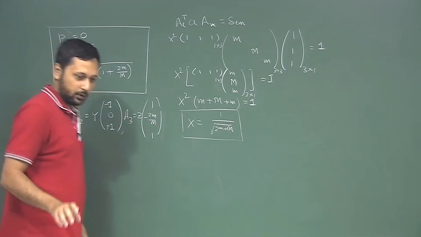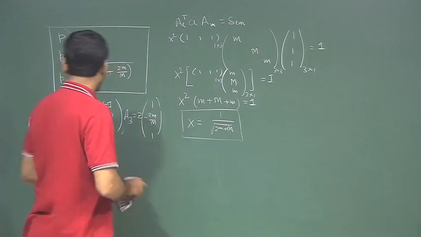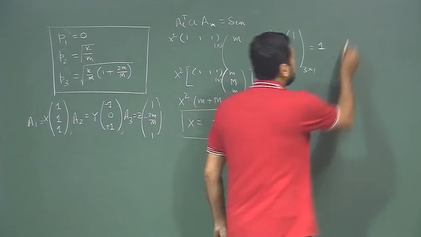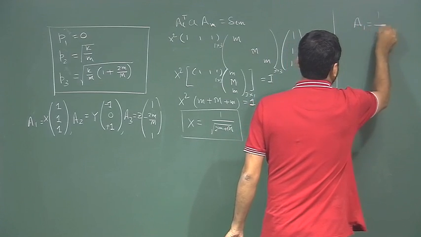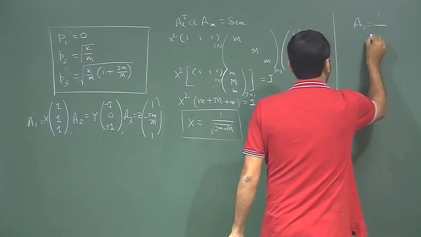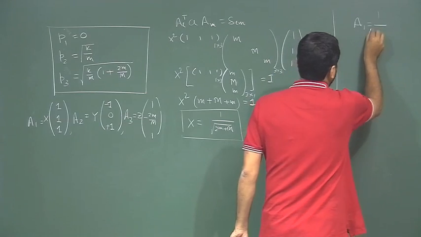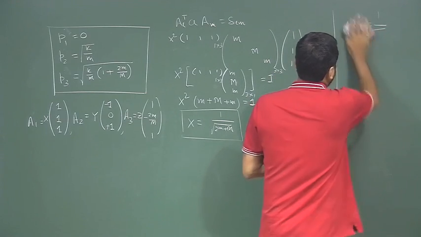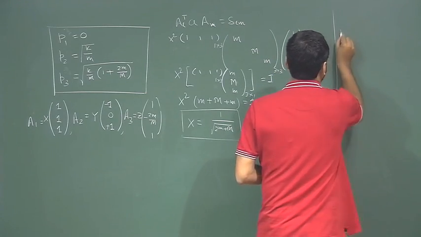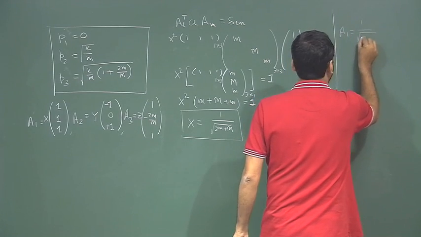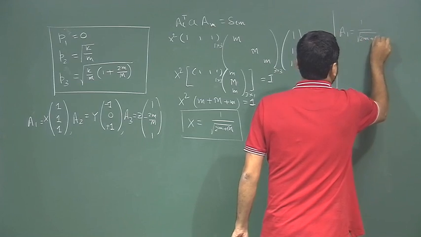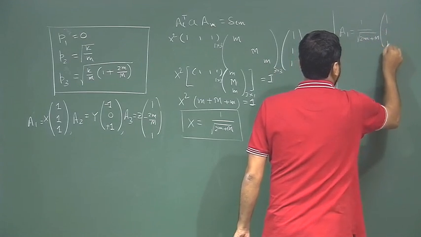So, if you want to write the normalized value, you have to write a1 is equal to 1 by root over 2m plus M times (1 1 1).